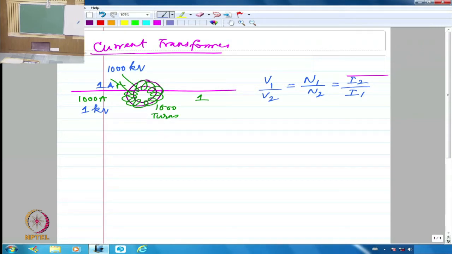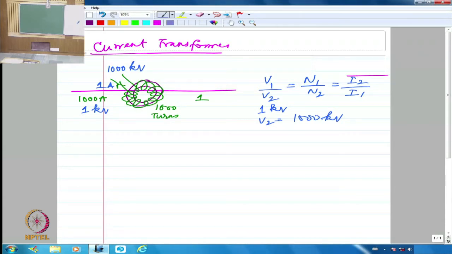If the voltage ratio is followed, V1 is 1 kilovolt, so V2 will become 1000 kilovolt. But what I meant to do with the current transformer is only to measure the current. I don't want this large voltage to come up. I am not interested in that large voltage at all.